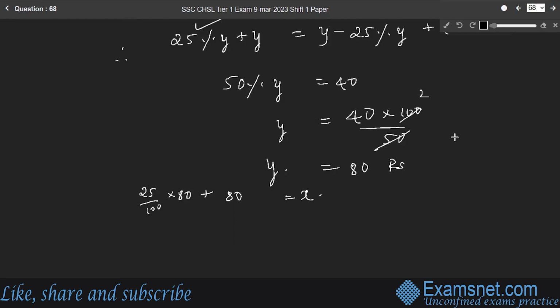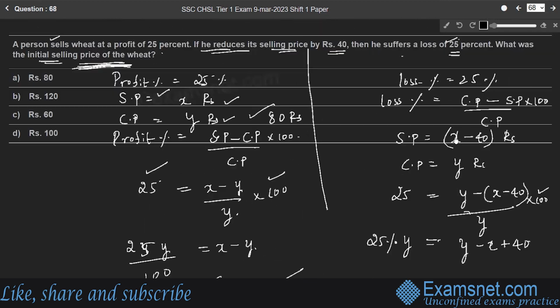Now, 5 into 5, so x is equal to 100. The initial selling price of the article is 100 rupees. Option D is the right answer.